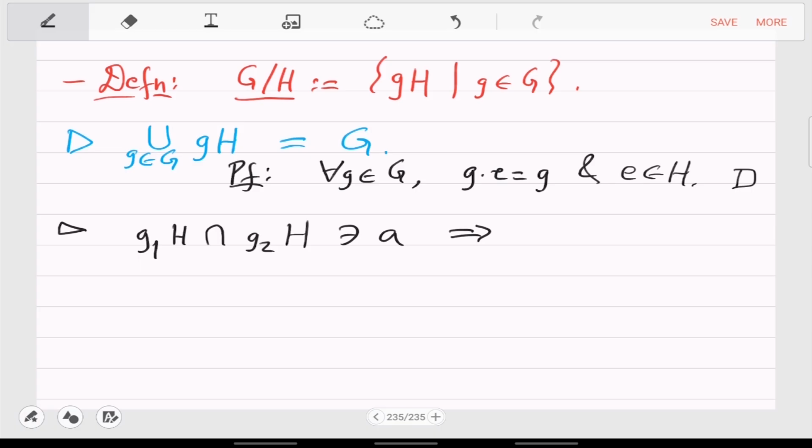So this means that G1 inverse A and G2 inverse A are in H, right? It's if and only if.